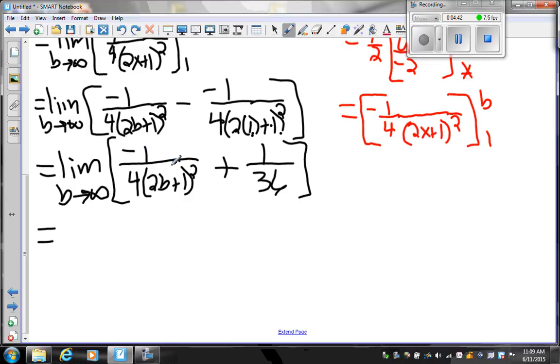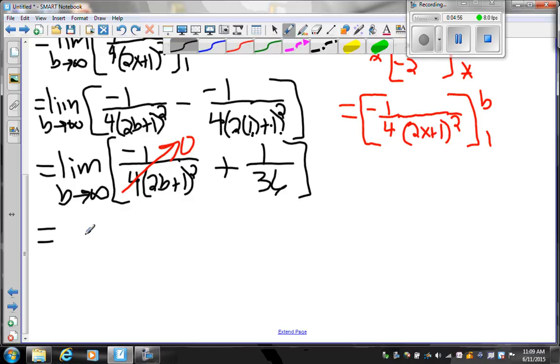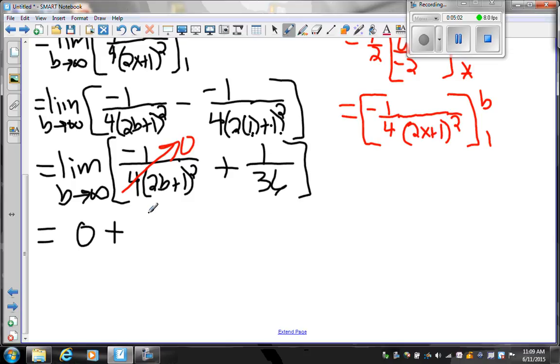So as the denominator gets larger and larger, the whole fraction gets smaller and smaller, and so it's going to go to 0, plus, and of course the limit of 1/36 is just 1/36. It's a constant, so the limit doesn't change it.